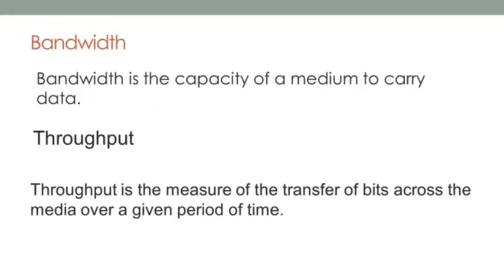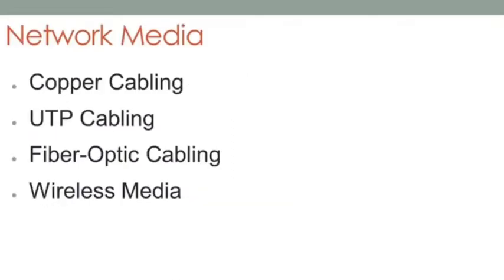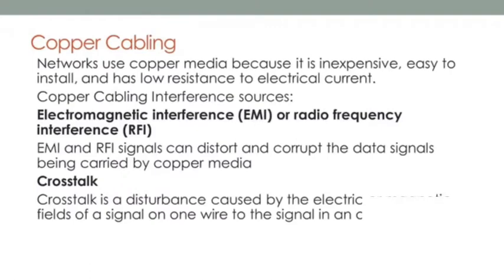Bandwidth is the capacity of a medium to carry data. Throughput is the measure of the transfer of bits across the media over time. There are four types of network media: copper cabling, UTP cabling, fiber optic cabling, and wireless media.